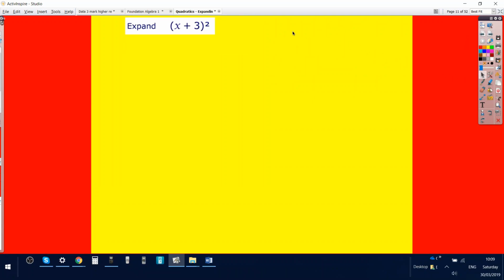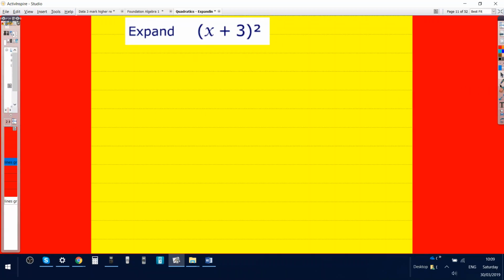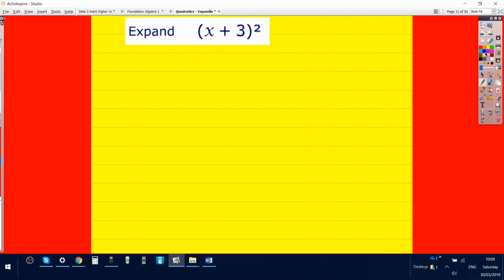How would you do this one? Would you have to put that index into the thing? So would it be x squared plus 3 squared? What does squared mean? Timesing it by itself.